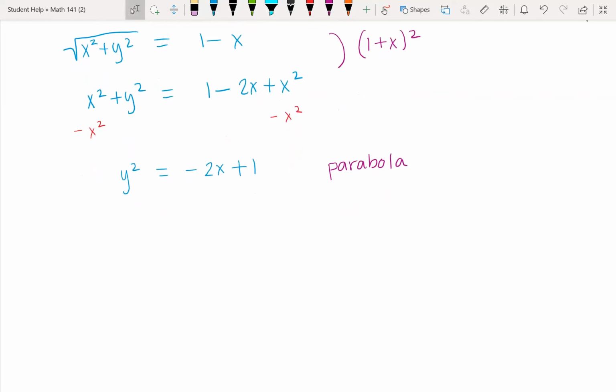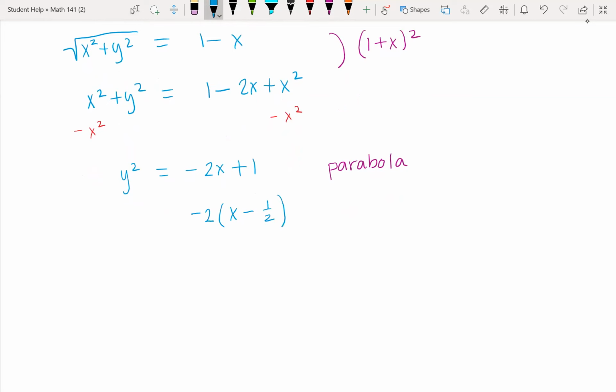Also, just to tie up what we did in the previous example, we were looking at the polar version. If I rewrite this in the version that will let me see what the vertex is, I need to modify what I have on the right-hand side. I'm going to factor the negative 2 out. And I have x minus a half.